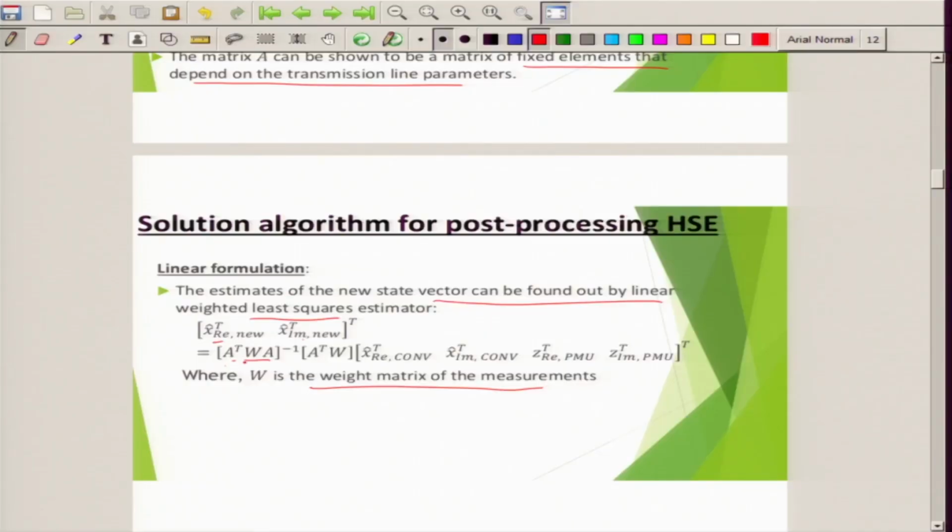Of course, the weightage will also now include the weightage that you are going to give to the new measuring devices, which are the PMUs, and you will be doing this mathematics (A^T W A) whole inverse into A^T W, multiplied by the real part of the conventional estimated state vectors and the imaginary part of the conventional state estimated values. Similarly, the real part of the measurements obtained from the PMU and the imaginary part of the measurements obtained from the PMU.